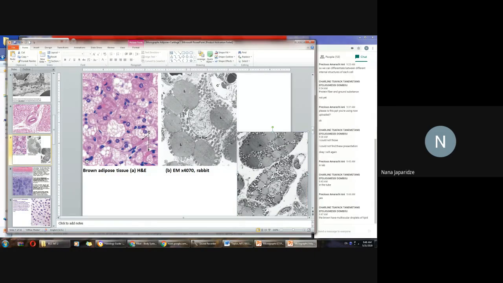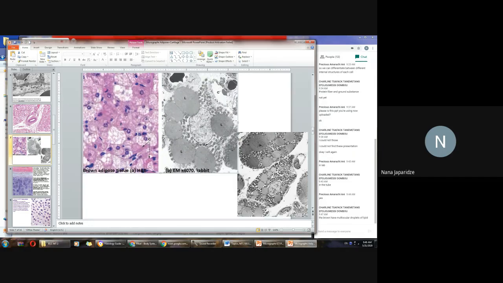Look, and this is cytoplasm. Everything that surrounds the nucleus is suspended in the cytoplasm. In the cytoplasm you can identify lipid droplets and mitochondria. Look, these small round-shaped profiles are mitochondria.